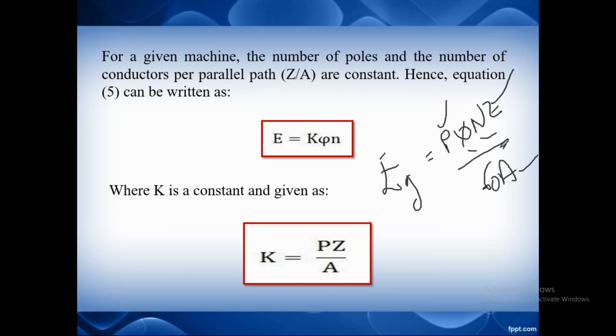Based on the mechanical input to the generator the speed will change, and based on the speed the flux will change. So of these five parameters, three are constant and two are variable, based on the input we give to the generator. Based on these constant conditions we indicate it as E = K φ n, where K is PZ by A.